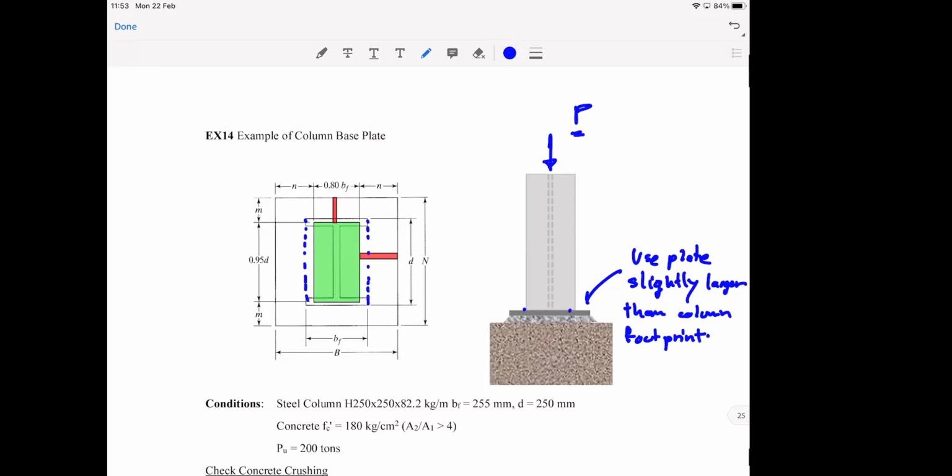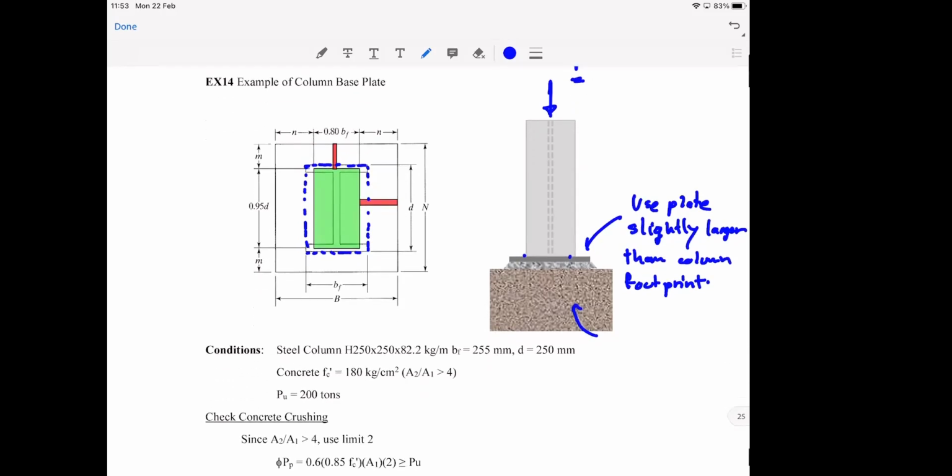So your plate has to be bigger so that they can weld the base plate to the column, all right? So if you know the load, it's time for you to design the proper size of the plate and then the abutment, okay?